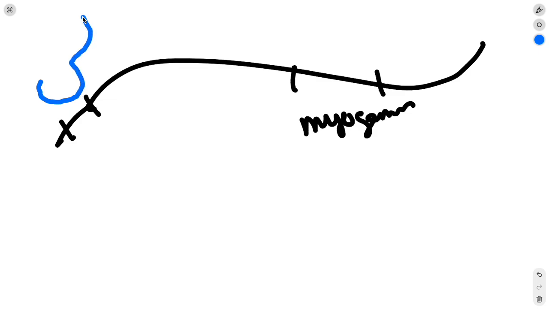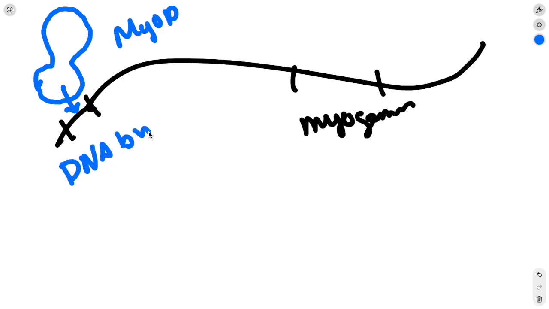One part binds to the DNA. So this is MyoD, and this transcription factor binds to the DNA, so it has to have a part of the protein that's called the DNA binding domain. And it binds to the specific enhancer sequence. You know, the letters are like A, C, C, T, G, A, something like that. And this hand grabs it. This DNA binding domain is like a hand, and that's part of the protein.